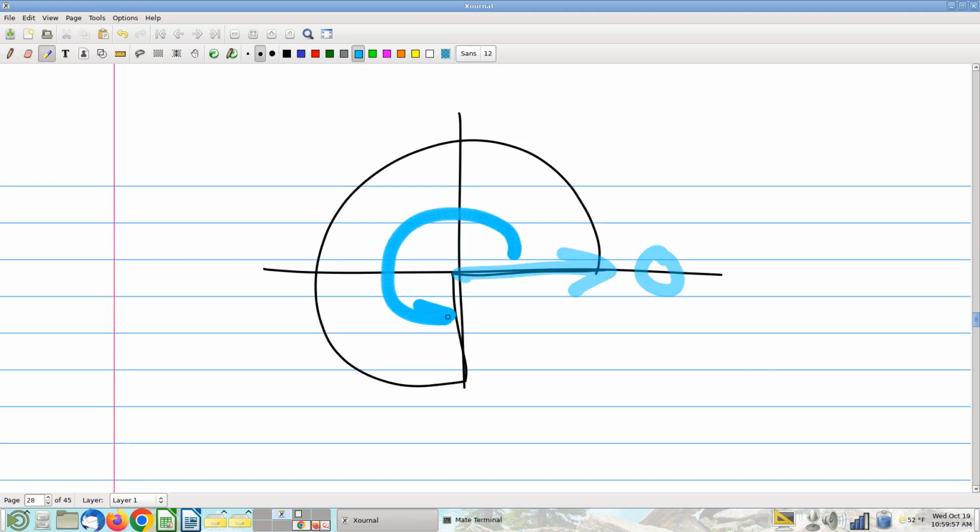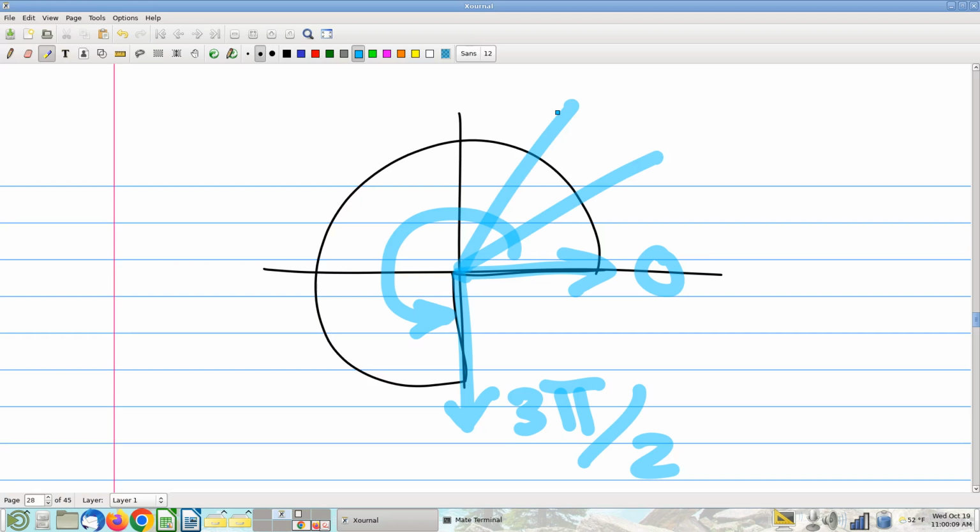Theta is going to go all the way around like this, to 3 pi over 2. And notice for all of these thetas, the points I'm interested in, for every value of theta, we're starting there and going outward to there. So all of these R's are positive.